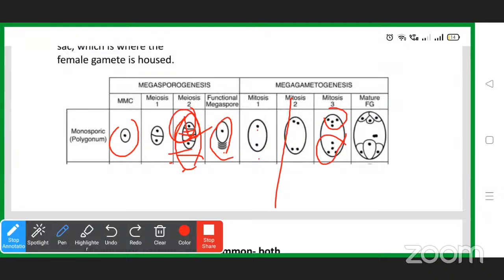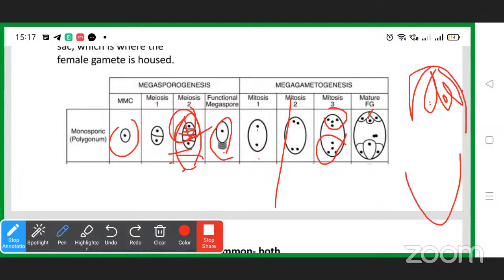The micropylar 3 form the egg apparatus, that means the egg cell surrounded by the 2 synergid cells. The chalazal 3 nuclei form the 3 antipodal cells. Then 1 nucleus from the micropylar end and 1 from the chalazal end come together and form the diploid secondary nucleus, the polar nucleus.